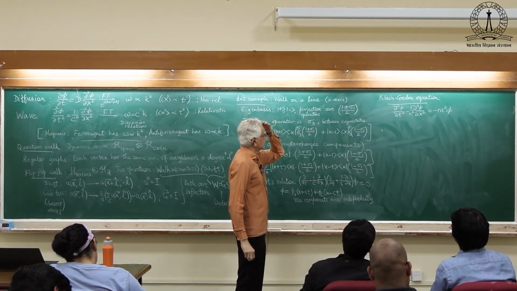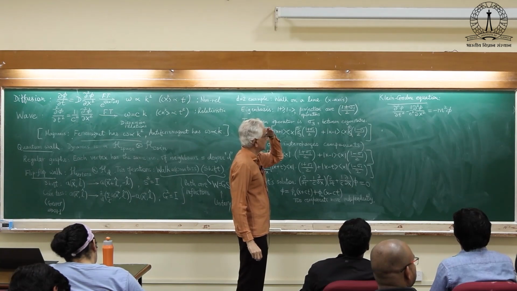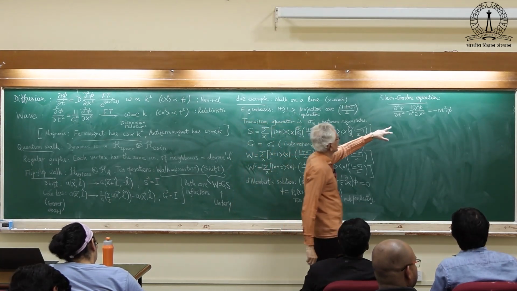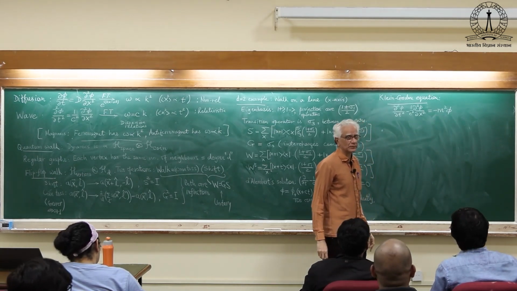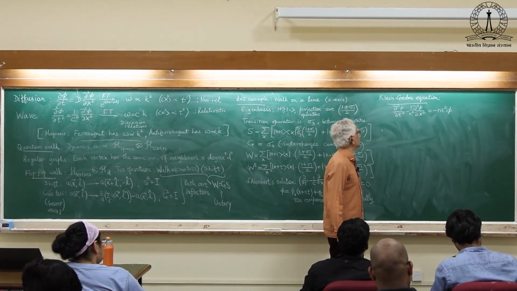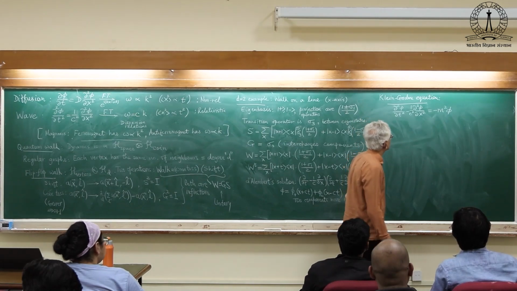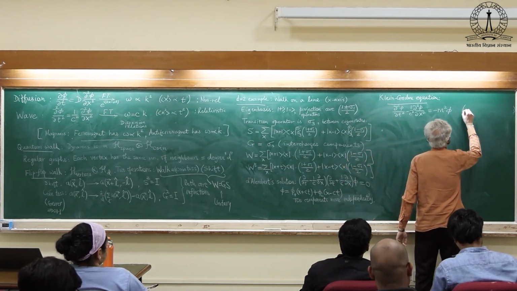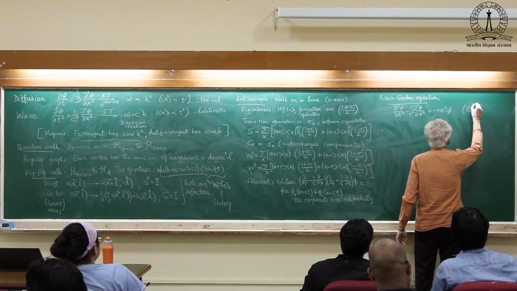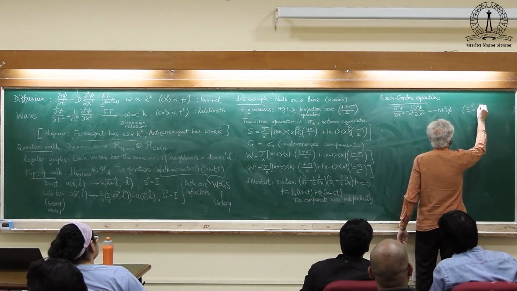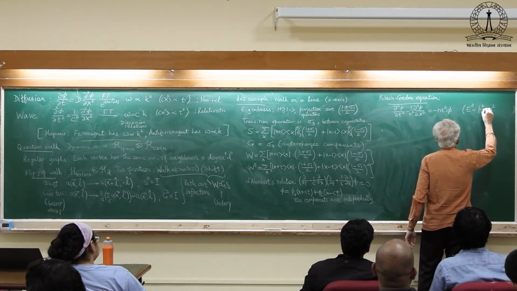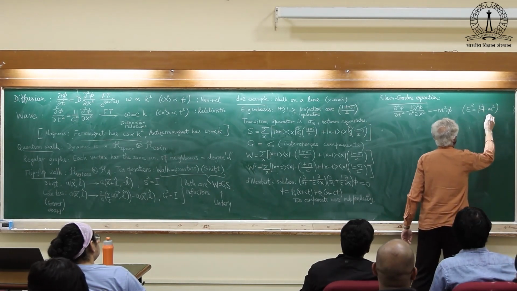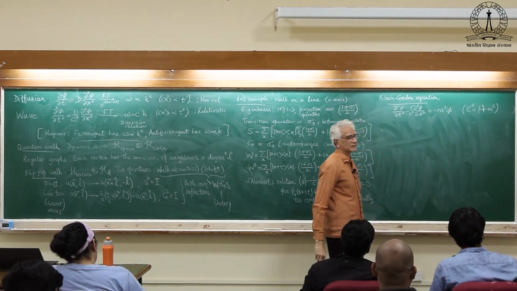The right hand side is not 0, but I put m square over there. And this appears in particle physics because this is actually the relativistic version of this particular dispersion relation.